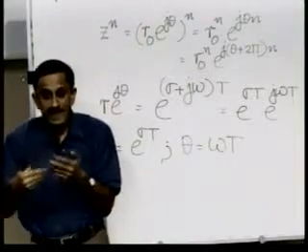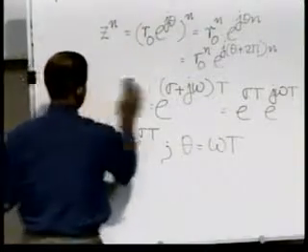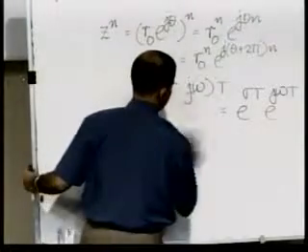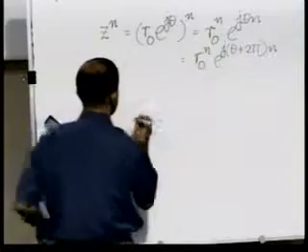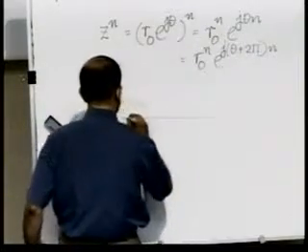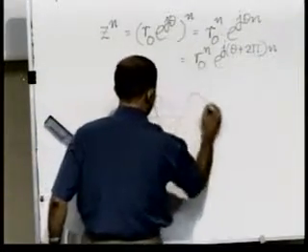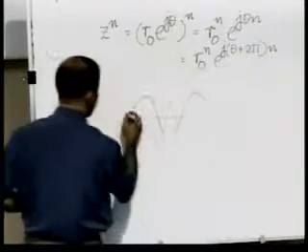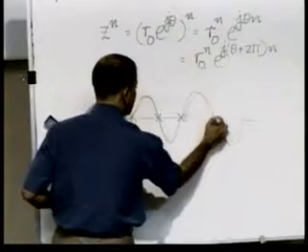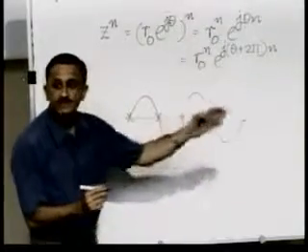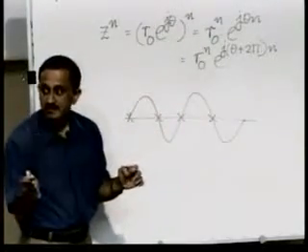So the more cycles, what I mean is something like this. If I take this sine wave, if I mark what I call the zero crossings of the sine wave, there are several other sine waves which have the same zero crossings.